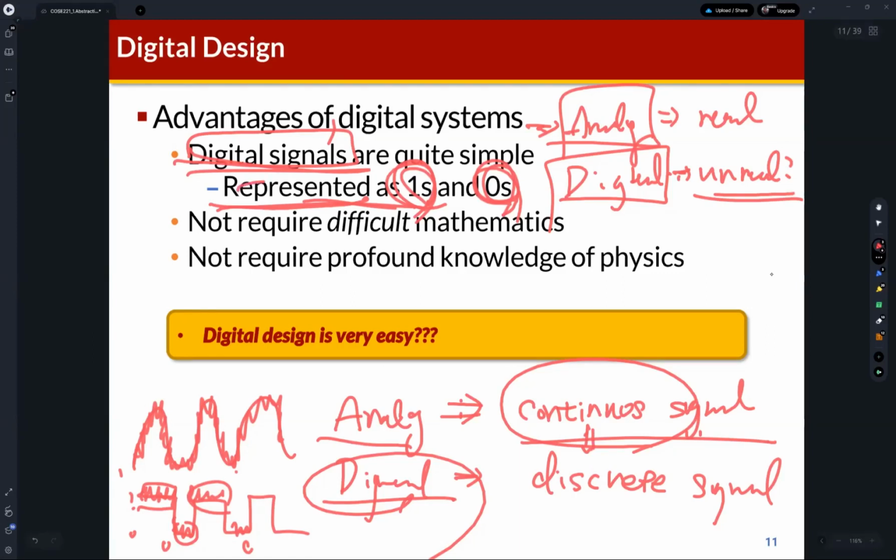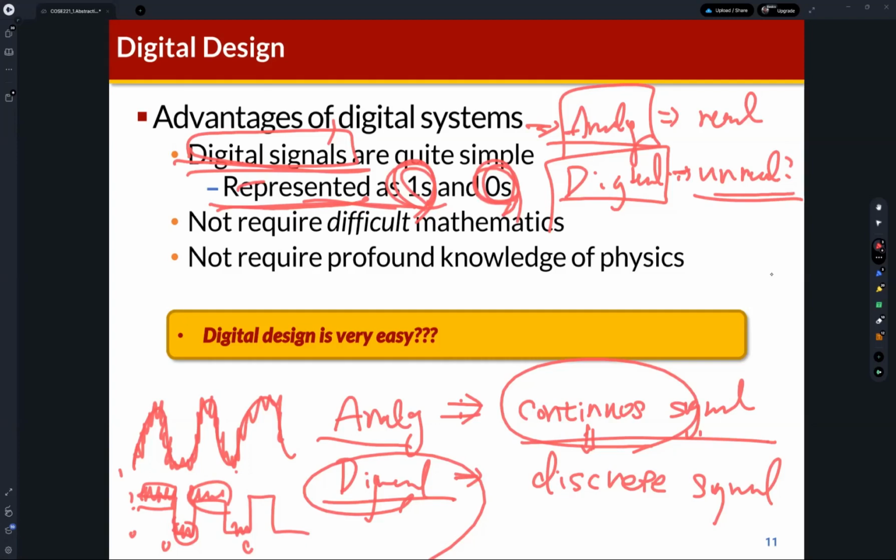Also, because digital signals include only 1s and 0s, we do not require difficult mathematics. You know physics and mathematics are very difficult subjects, right? But if we just handle the 1s and 0s in our systems, then we don't require difficult mathematics. We just require discrete mathematics, which is much easier.